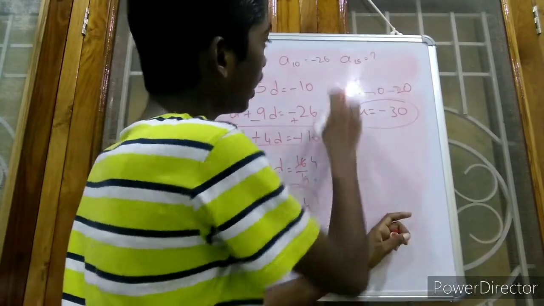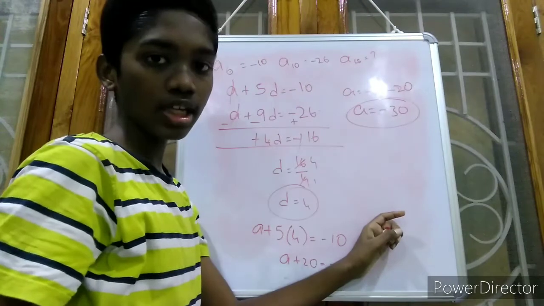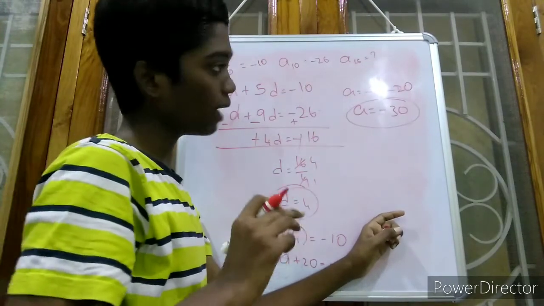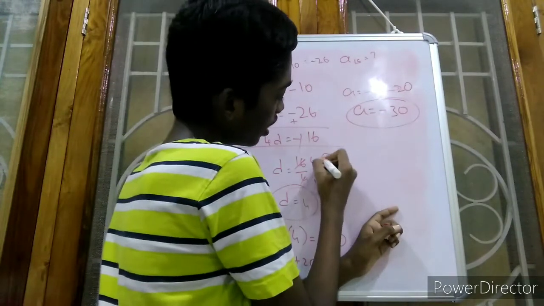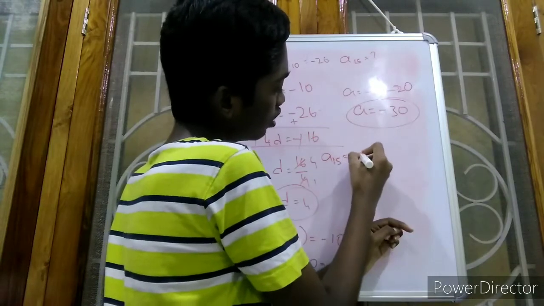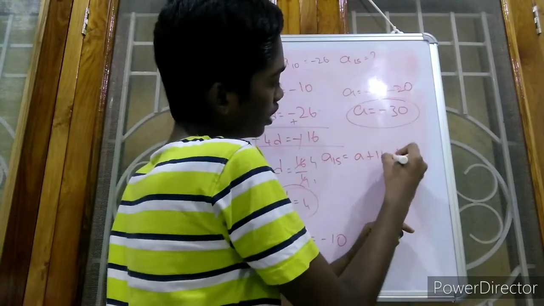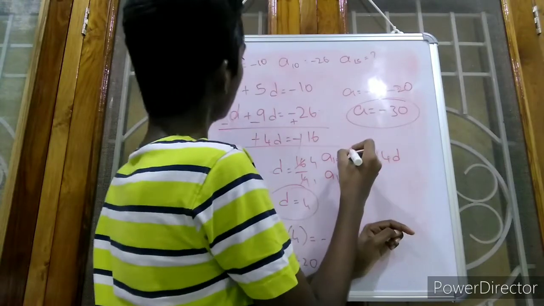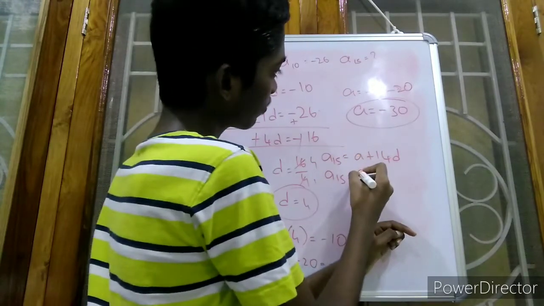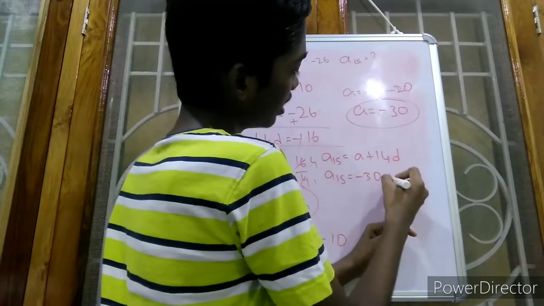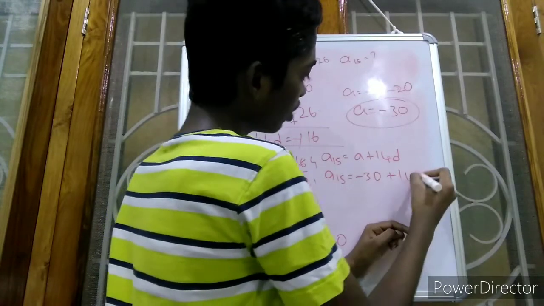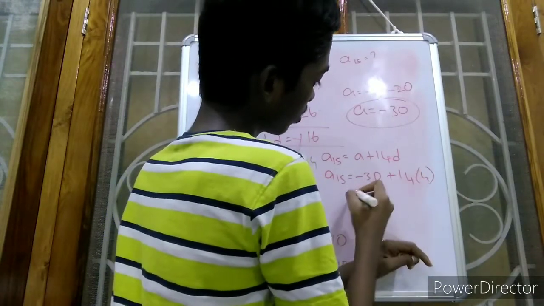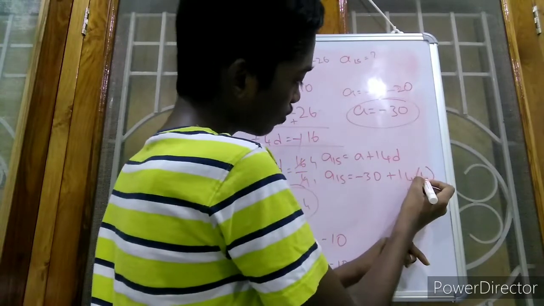Now we need to find A15. Friends, A15 can be written as A plus 14D. A15 is equal to A plus 14D. The value of A is minus 30 plus 14 times D. The value of D is 4.